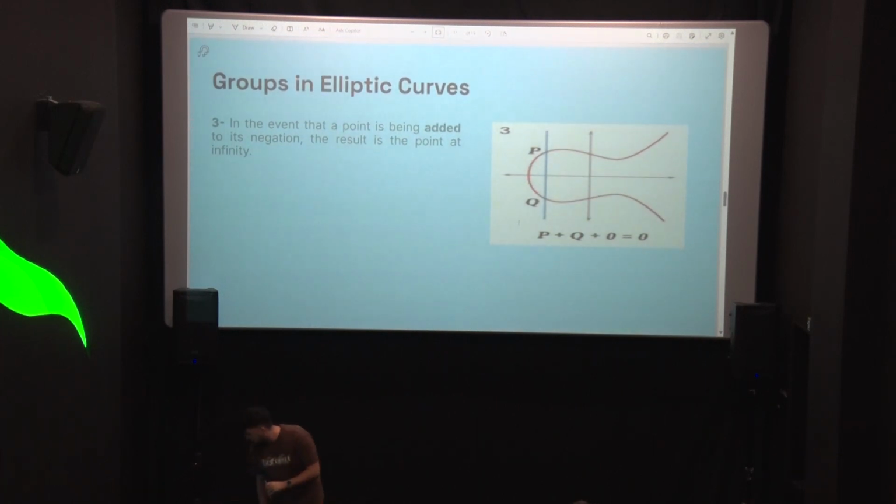Let's talk about negation. If your Q is the negation of P, like if you add 3 to -3, you will get 0, right? It's the same on elliptic curves as well. This means you have to draw a line and it won't intersect any point, and we call this 0. As I told, 0 is our point at infinity in elliptic curves.